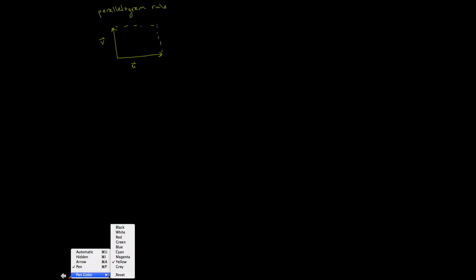What it basically states is if u and v are not parallel, so let's say this is u and this is v, they're not running in a parallel direction, then if you think of this as a parallelogram, the resultant, or u plus v, would be the distance of the diagonal.